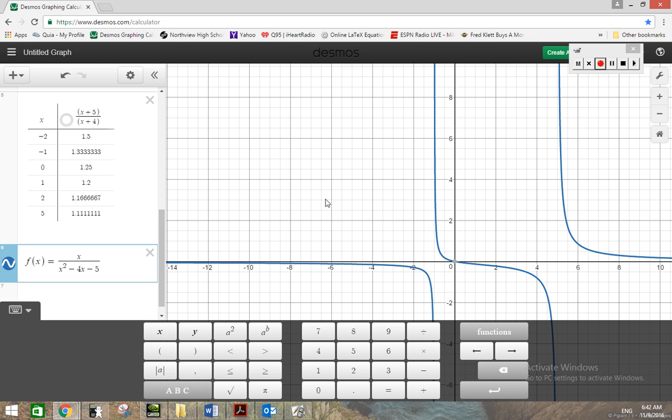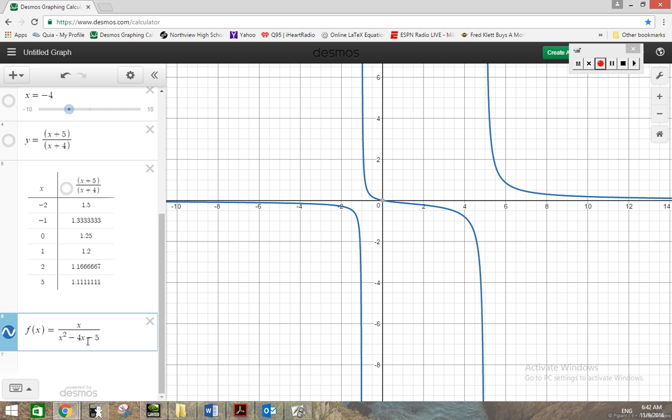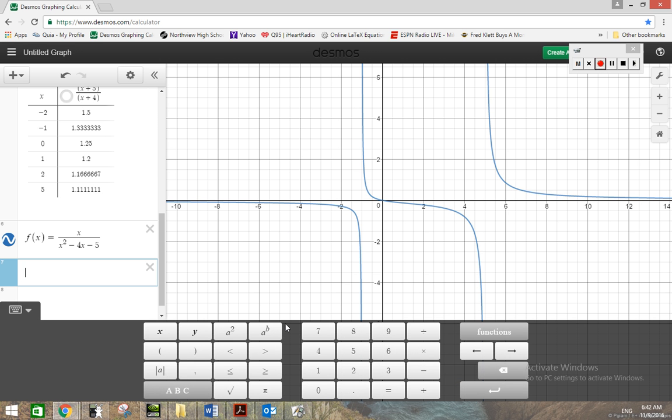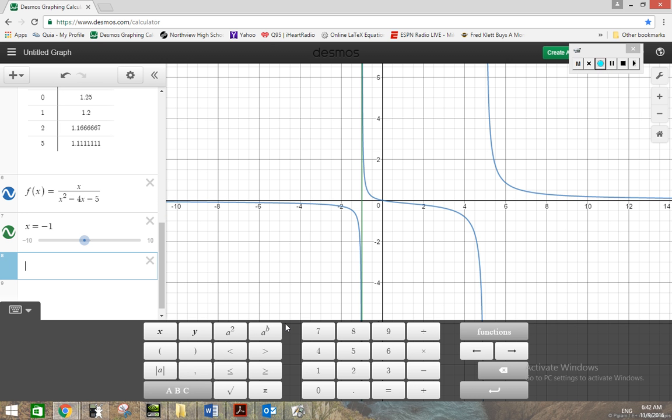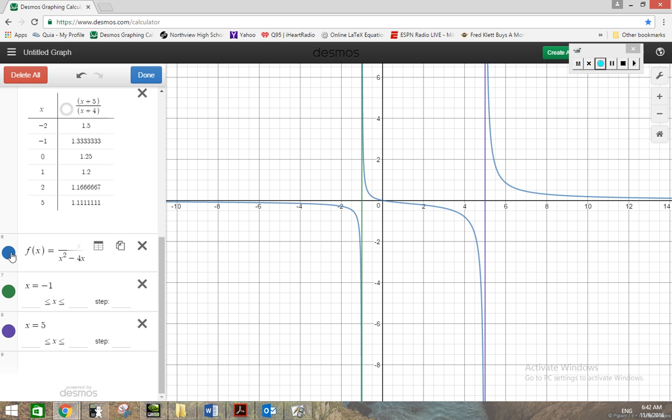Alright, so we look at the graph now, we see that we do have vertical asymptotes at x equals negative 1 and at x equals 5, and we can come in and hit this cogwheel to change our colors and make it a dashed line.